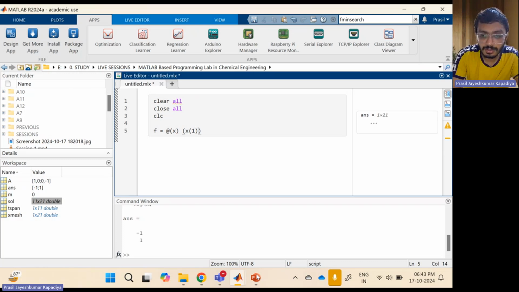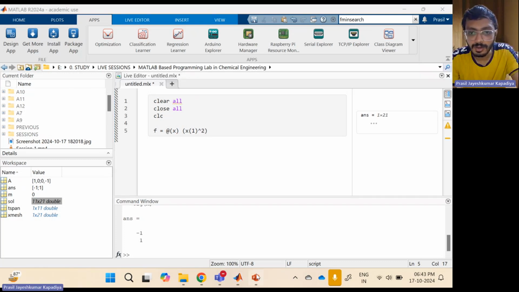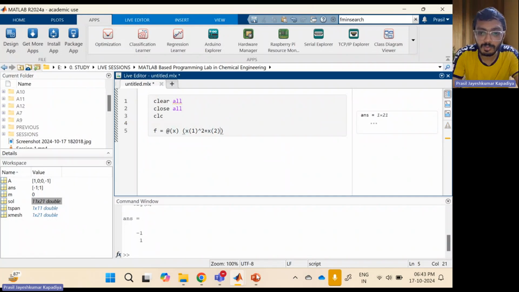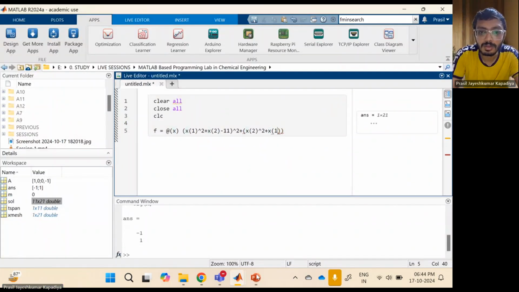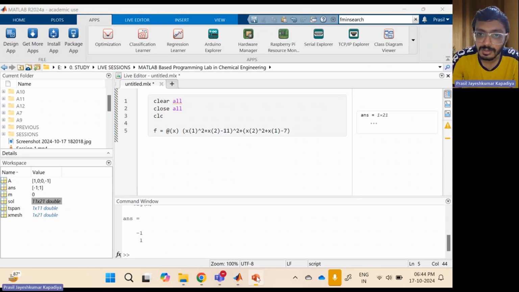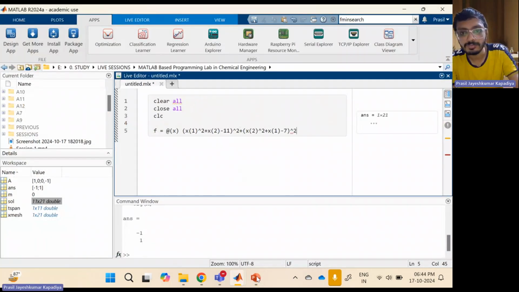So x of 1 square plus x of 2 minus 11 whole square plus x of 2 square plus x of 1 minus 7 whole square. That is also whole square.